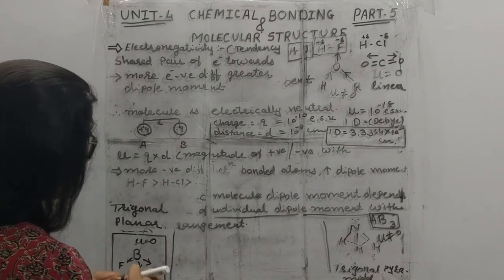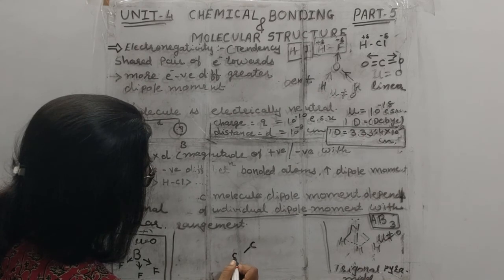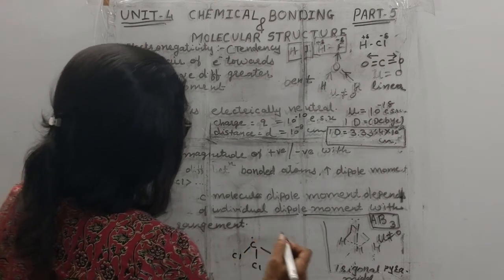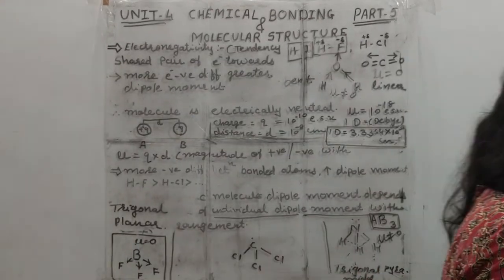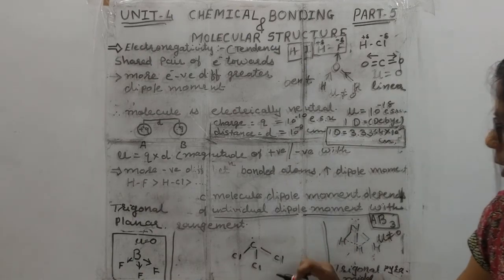So here the central atom is carbon, here it is Cl, Cl and Cl, and one electron which is not taken part in it is here.